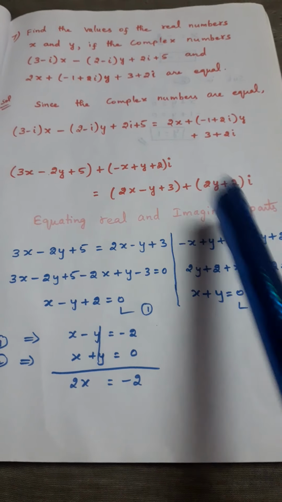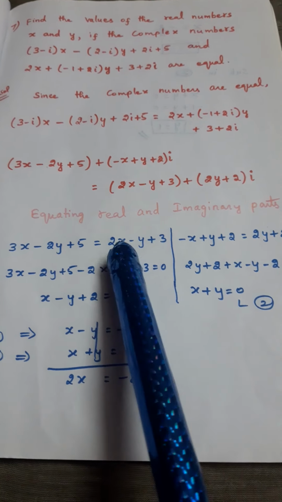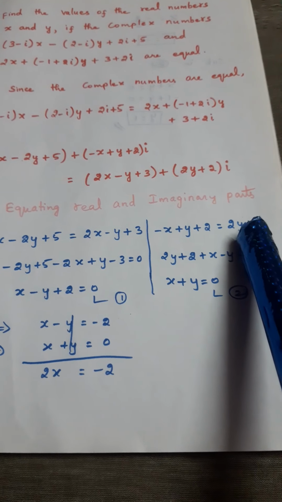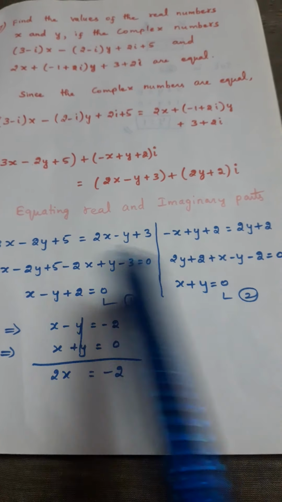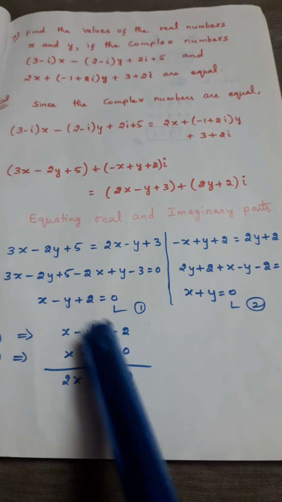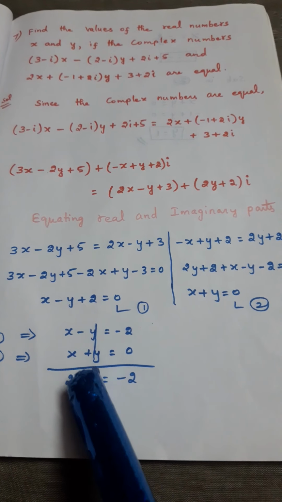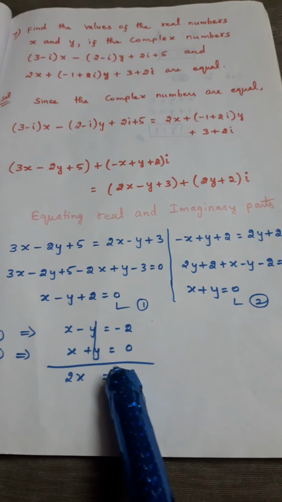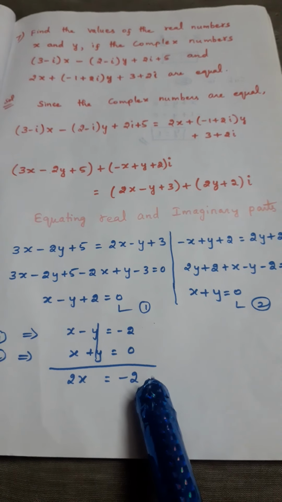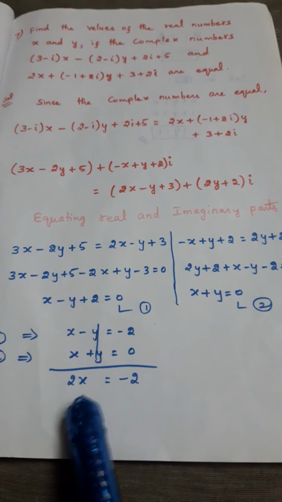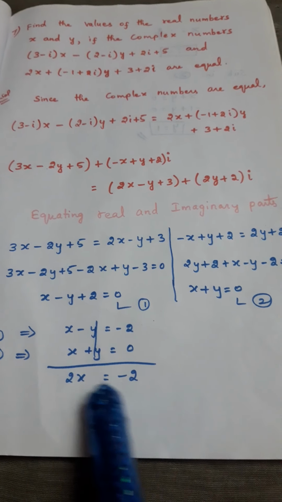We are equating real and imaginary parts. Real part equal to real part, imaginary part equal to imaginary part. Simplifying, we are getting two equations. We are solving those two equations here. y gets cancelled, x and x get added, 2x, minus 2 plus 0 is minus 2. So from this we can easily find the value of x.